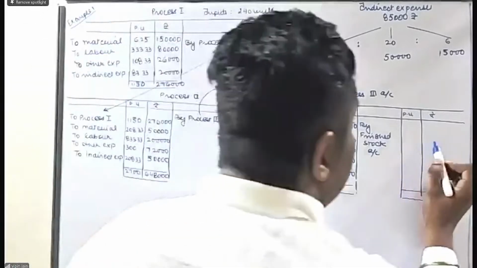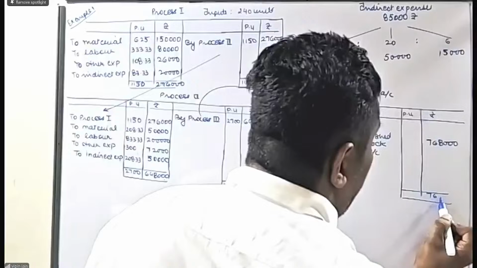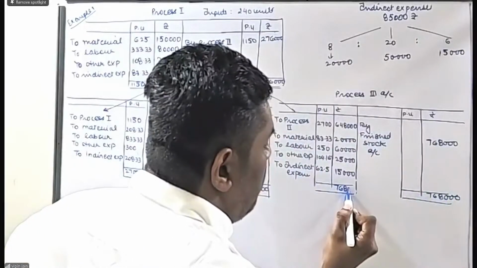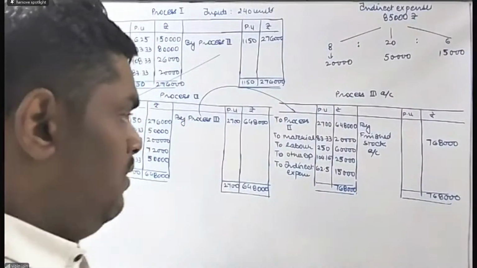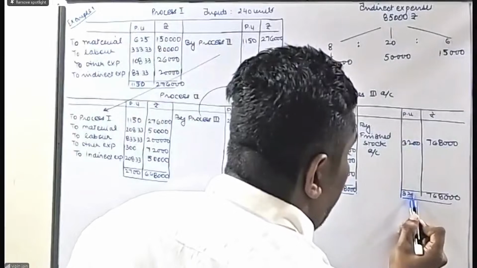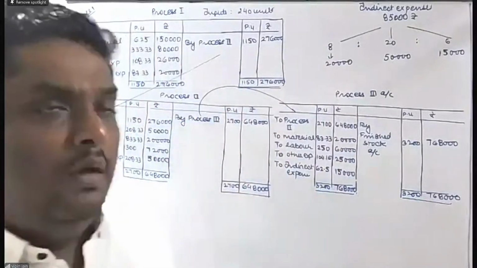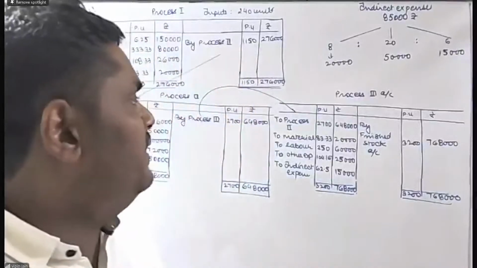So the total cost will be 7,68,000. And it will be 3,200. So this is how the basic process account is prepared.